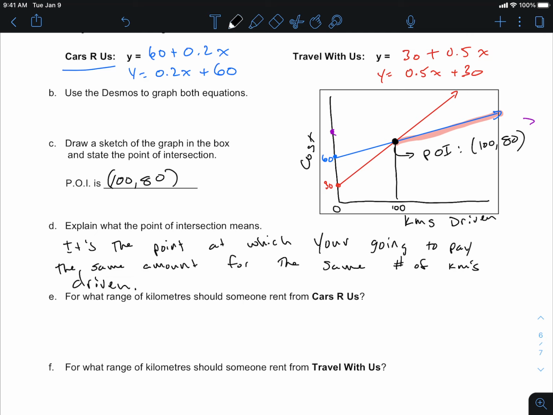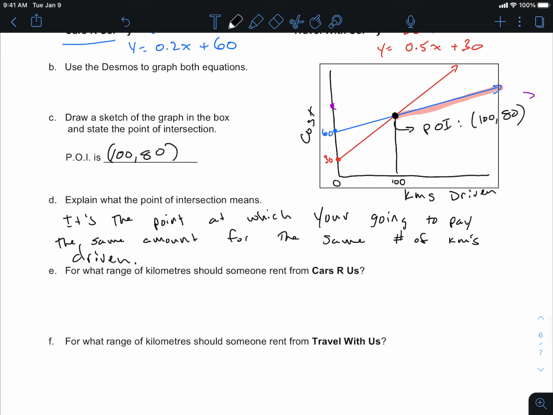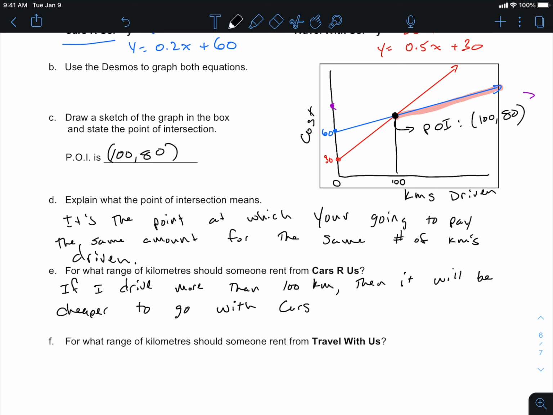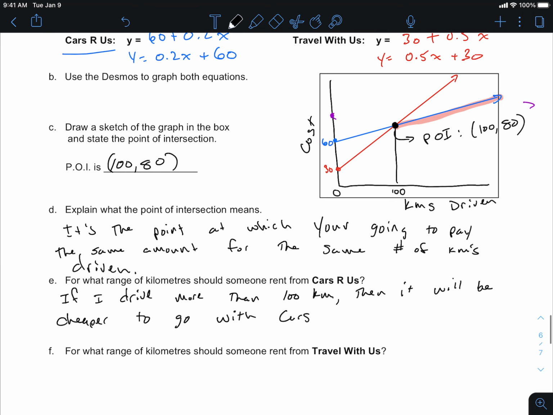So if I drive more than 100 kilometers, then it will be cheaper to go with Cars R Us.